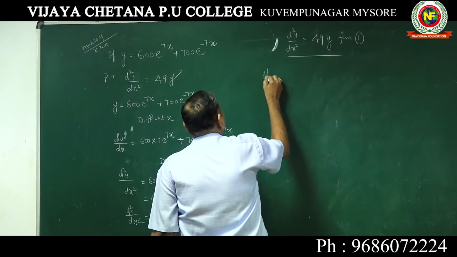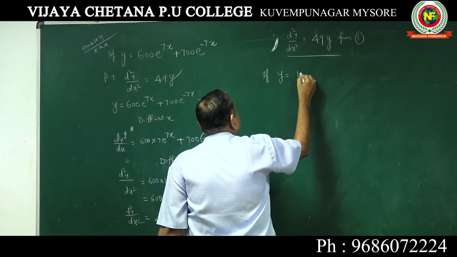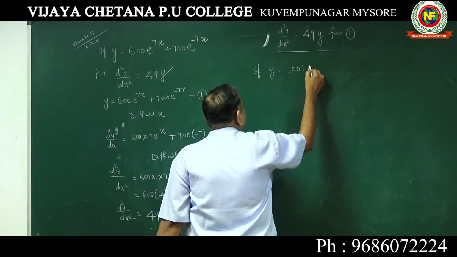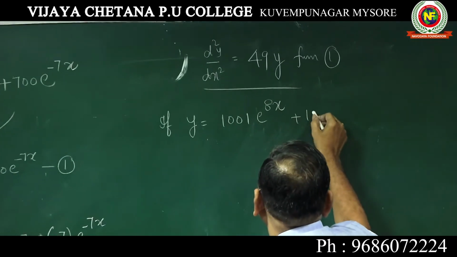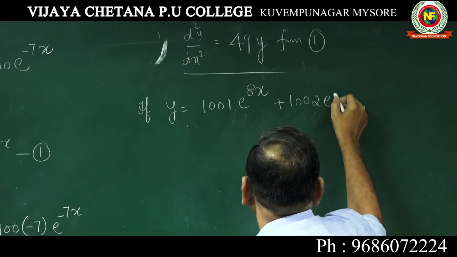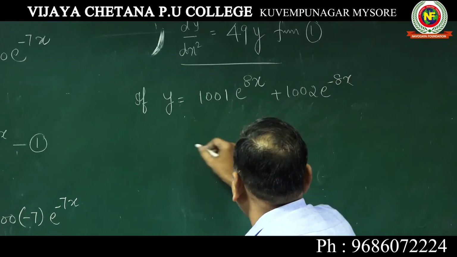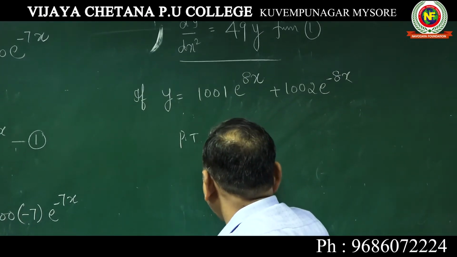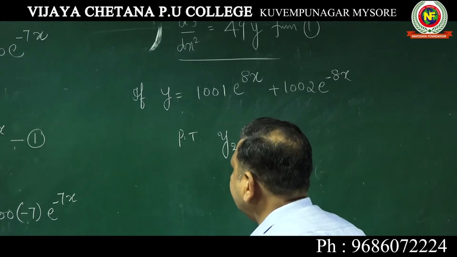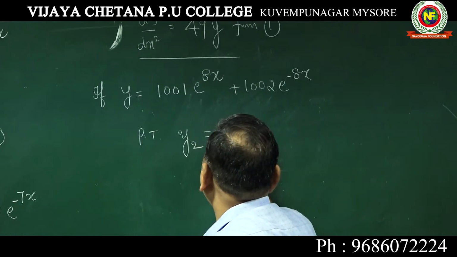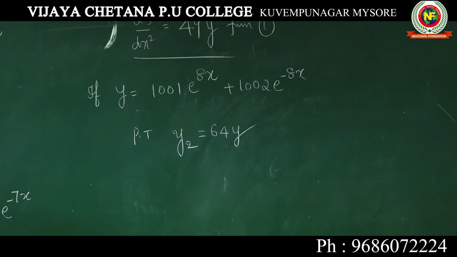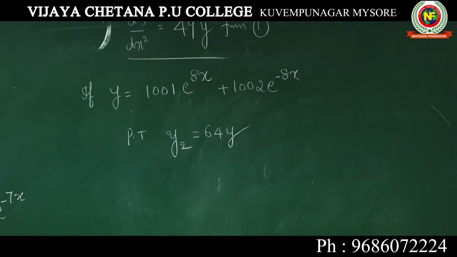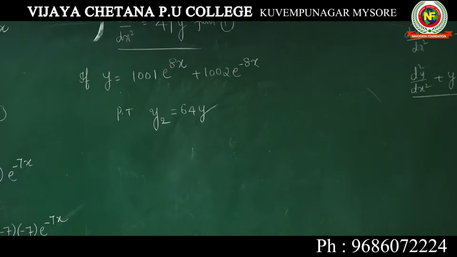If y is equal to 1001 e to the power of 8x plus 1002 e to the power of minus 8x, prove that y2 is equal to 64y. y2 means d square y over dx square, or it can be asked that way.